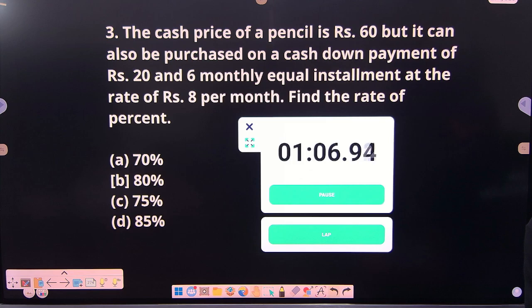Guys, got the answer or not? Want any help?